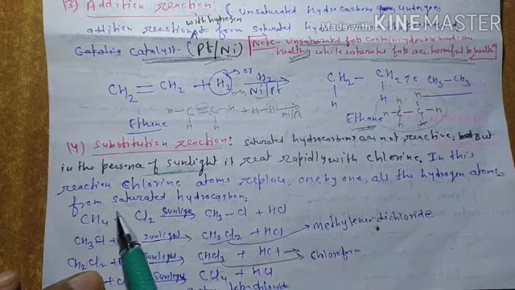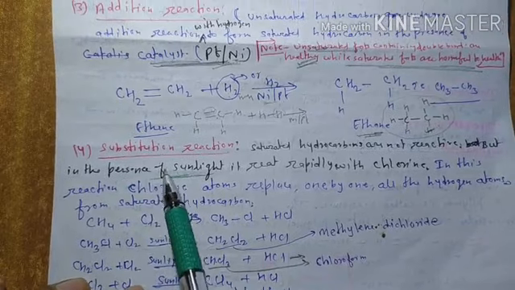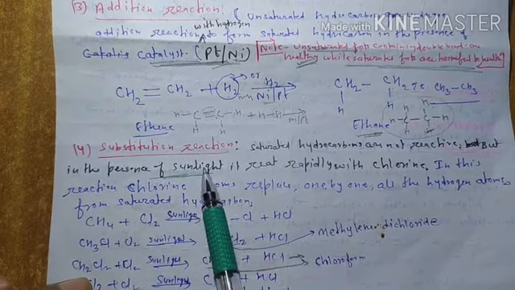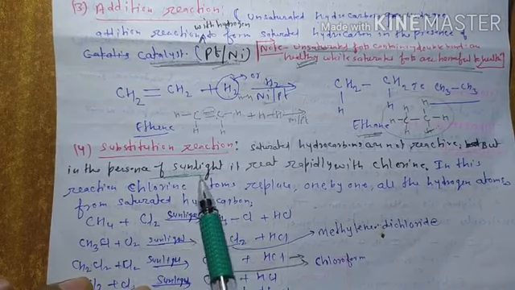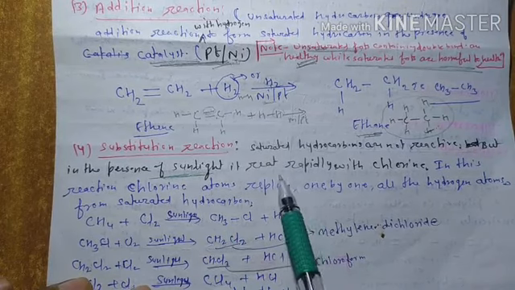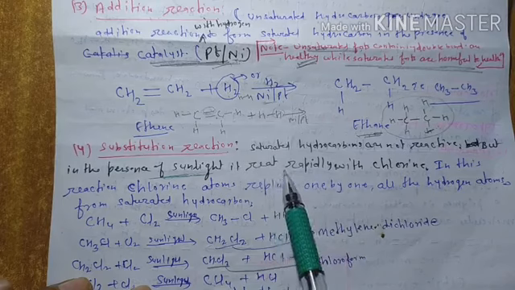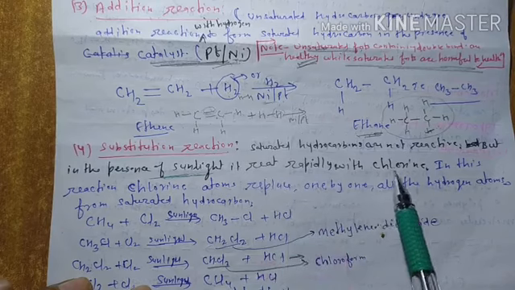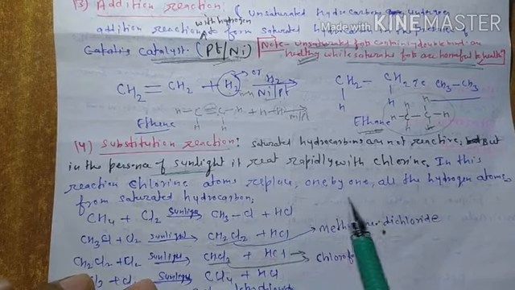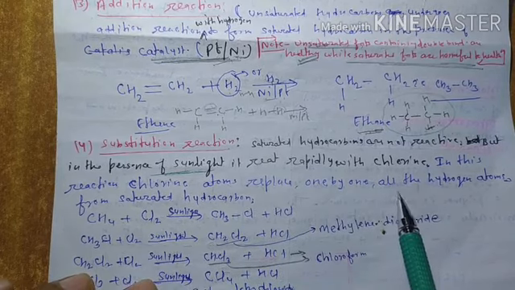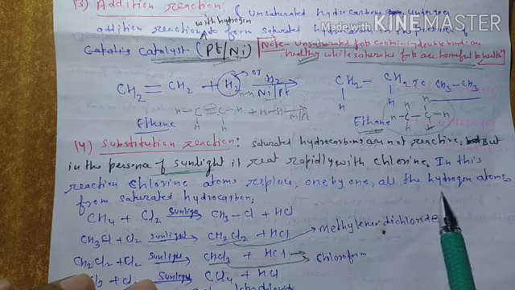Saturated hydrocarbons react with chlorine, and in this reaction chlorine atoms replace, one by one, all the hydrogen atoms from saturated hydrocarbons.